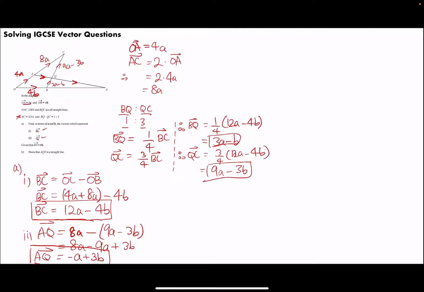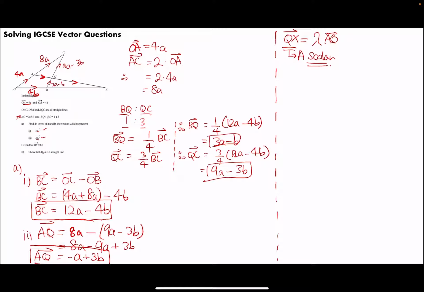So we'll just draw a line over here. Our main goal, let me repeat it again, is to show that QX is some constant scalar of AQ. So it's a key term. It has to be a scalar, a multiple, in other words, of AQ. That's what we have to find.